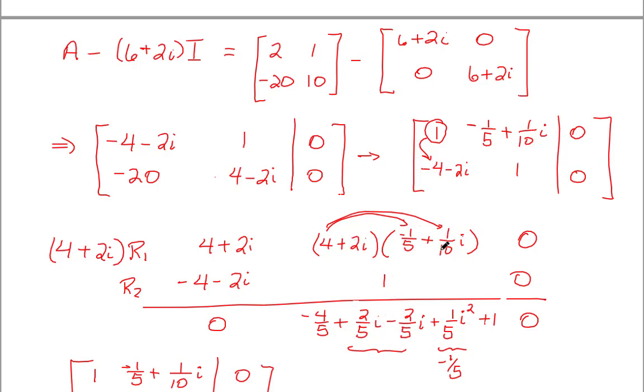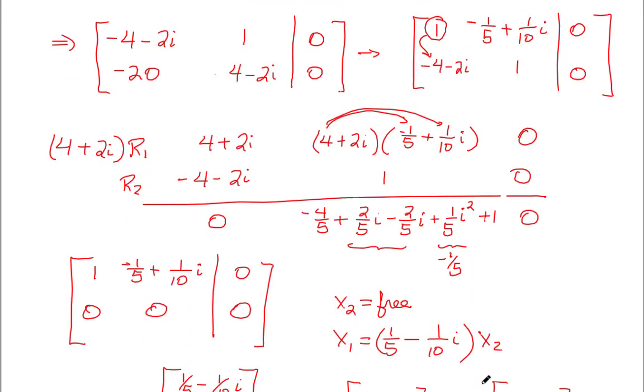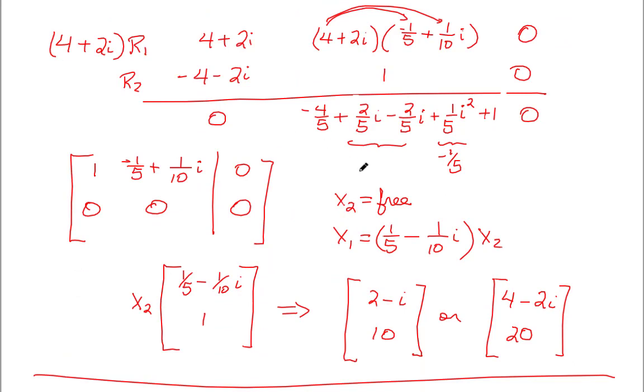And I get a 2/10 or 1/5 i squared. So I've got a minus 4/5 and a minus 1/5, which is a minus 5/5. So minus 1 plus 1 is 0. And I get that x2 is free, and so I can figure out what x1 is. So simply move all of that to the right. And so to get my basis, it's x2 times 1/5 minus 1/10 i and a 1.